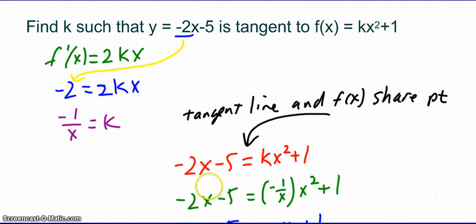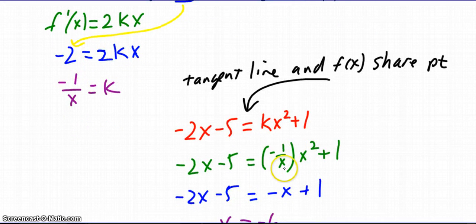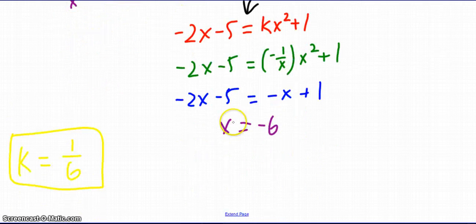So I can find that x value by setting these equal to each other. When I do this, I also substitute in for k. So I have negative 2x minus 5 equals kx squared plus 1, but k is negative 1 over x, so negative 2x minus 5 equals negative 1 over x times x squared, and then plus 1. And now when I simplify, I end up with x equals negative 6.